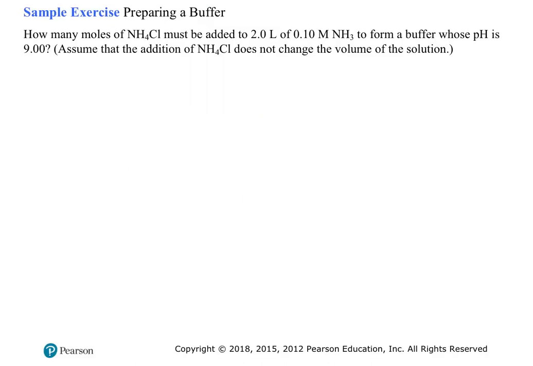Okay, let's practice preparing a buffer. How many moles of ammonium chloride must be added to 2 liters of a 0.1 molar ammonia solution to form a buffer with a pH of 9? Okay, so let's draw out the equation. I have ammonia plus water to produce ammonium plus hydroxide.